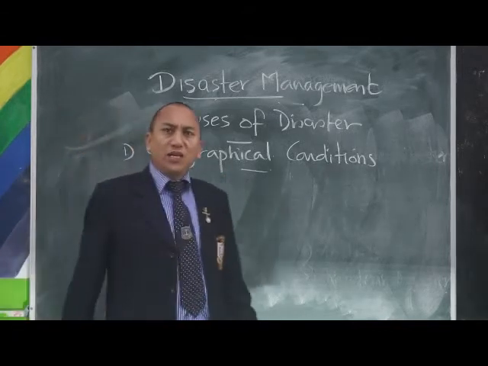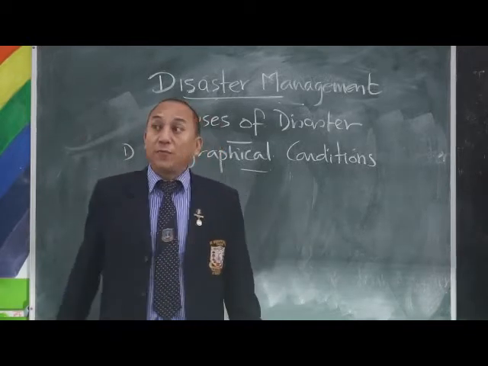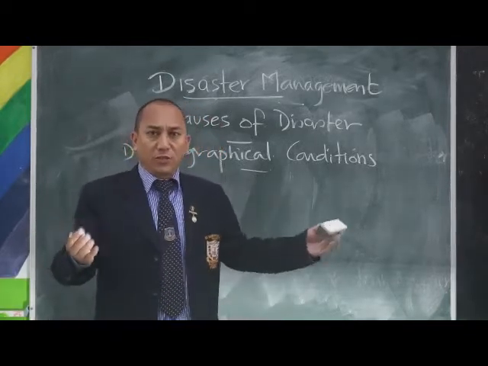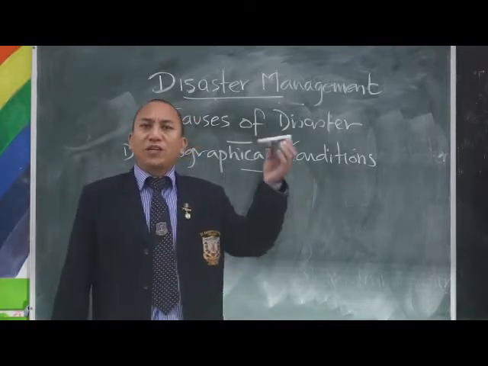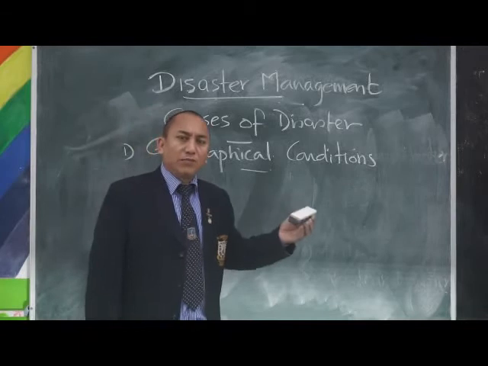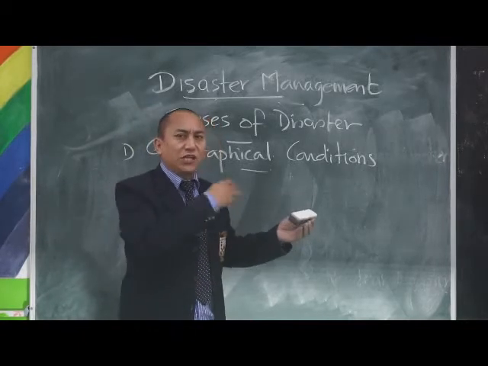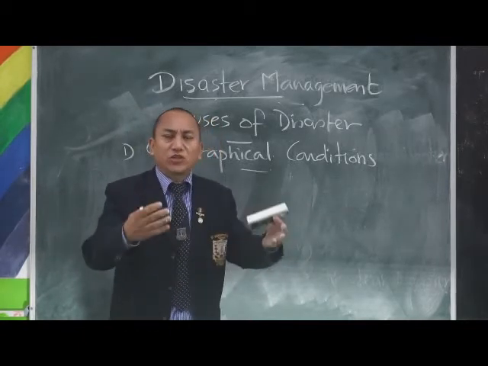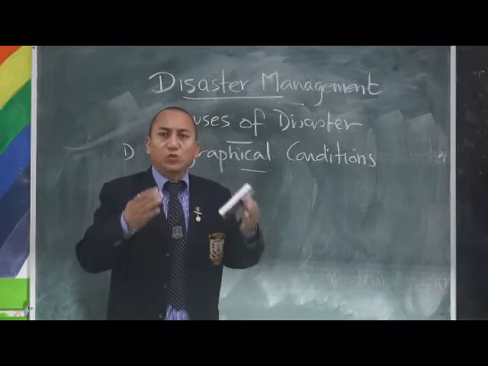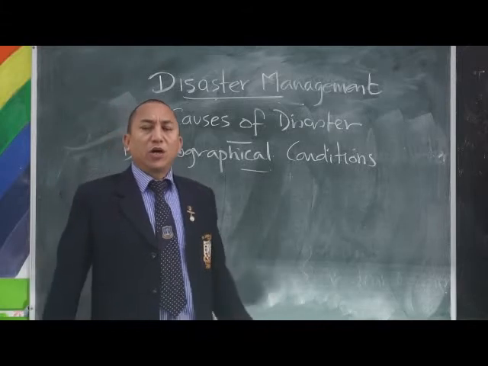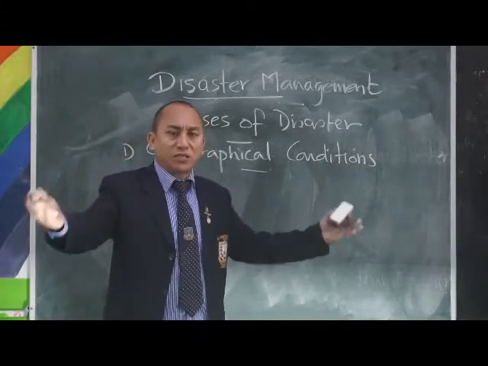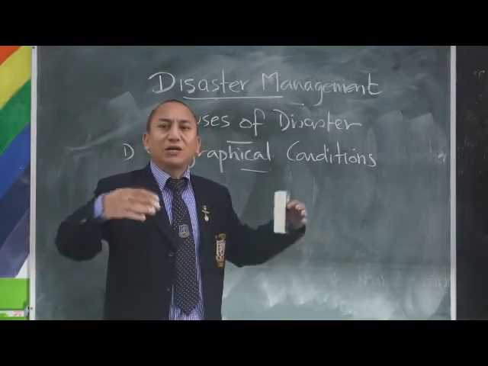Now if you go to the plains, where a lot of rainfall is received and where perennial rivers flow through the area, because of the heavy rainfall there is excessive water in the river, and this excess water spills out onto the lands and river banks, creating floods.